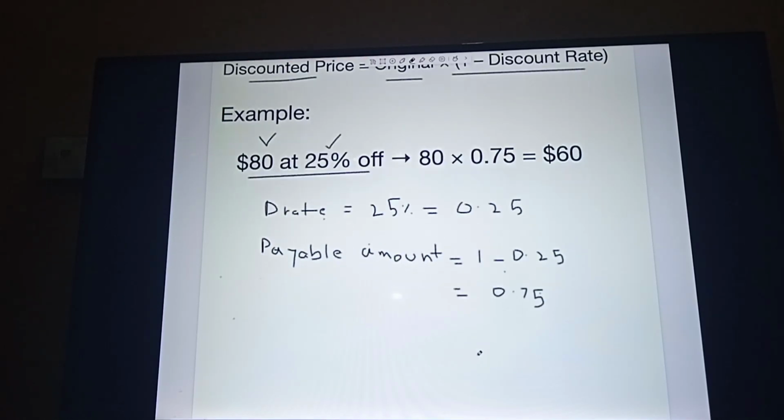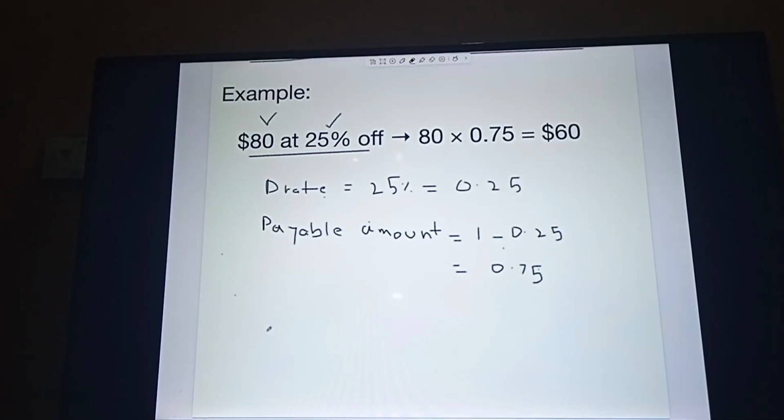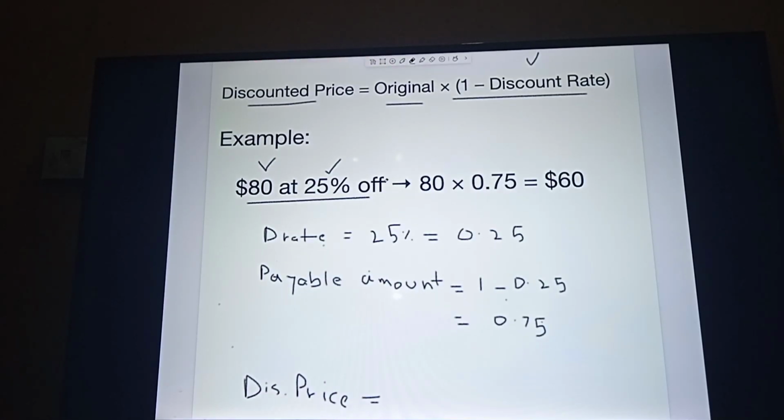Now discount price can be found using the above formula. Discount price is equal to, according to the above formula, original price, which was $80, and then multiply by this payable amount, which is now 0.75.